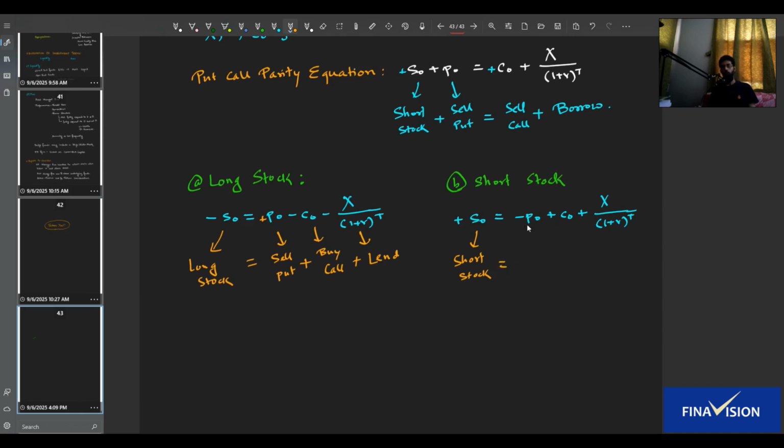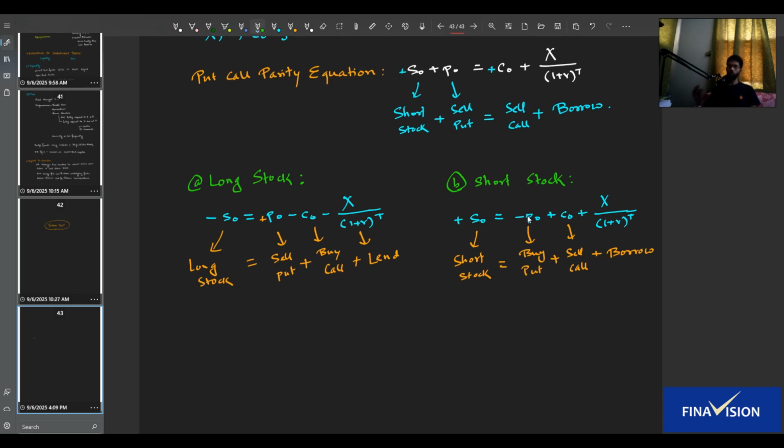This is equal to minus P0, which means buy put, a cash outflow equivalent to the premium, plus C0, so there is selling of the call, and plus present value of the strike, so there is borrowing. So buy put, sell call and borrow. This is how the synthetic short position in the underlying is taken, right?